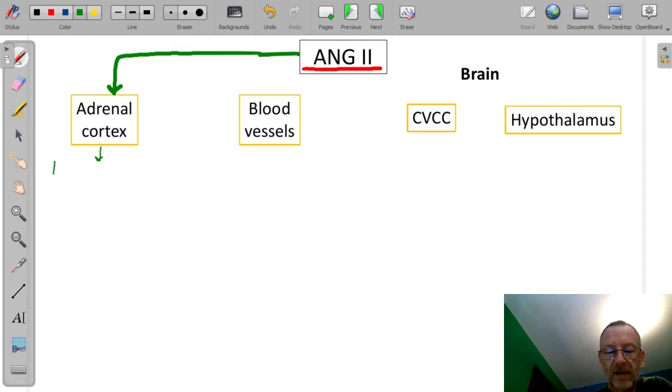So we have an increase in aldosterone release from the cortex. It's a steroid. And aldosterone then targets the kidneys. Remember, we're trying to raise blood pressure. So it targets the kidneys and causes the kidneys to increase reabsorption of sodium.